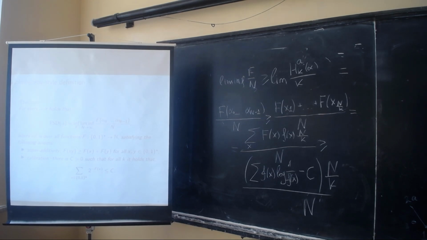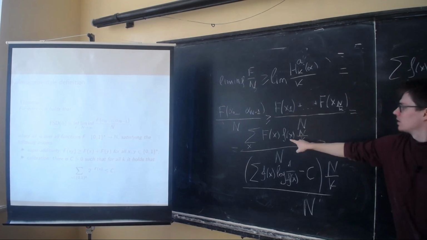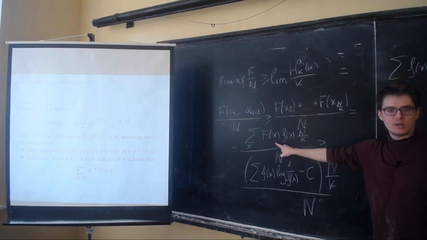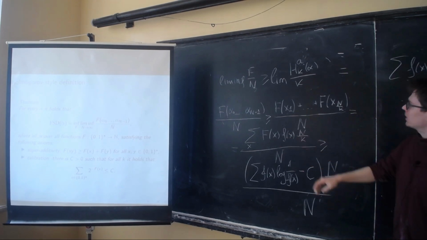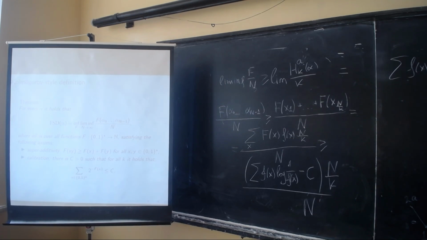I want to show that the sum minus c is smaller than this. So I can put it from the right-hand side to the left-hand side, and I need to show this for some constant c.